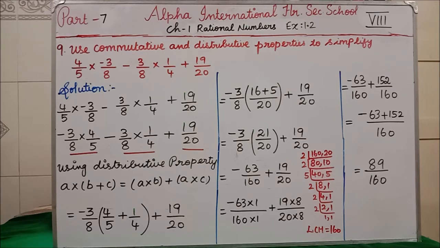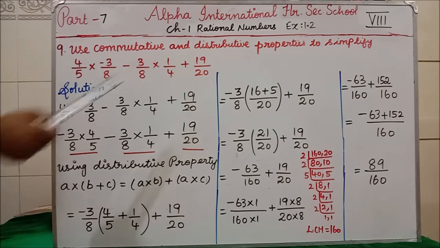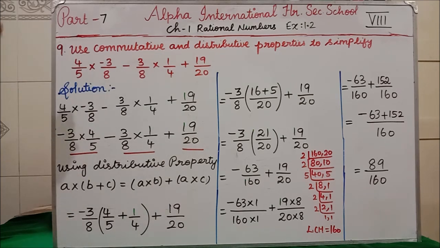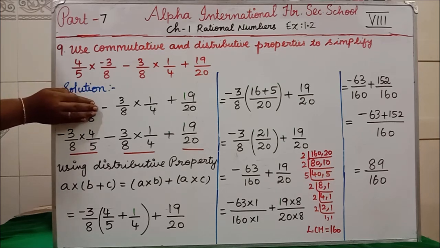Clear? First, since commutative is multiplication, we will not consider that commutative property. We take only the distributive property. Now see, one more time I have written the question. After writing the question, see wherever you have multiplication in between. So consider this as the first term.